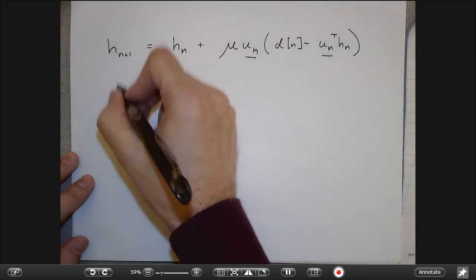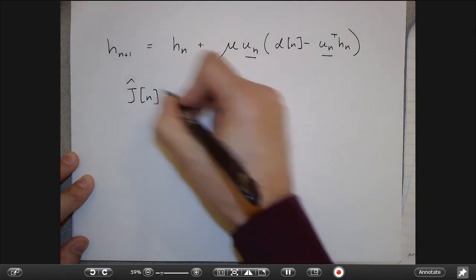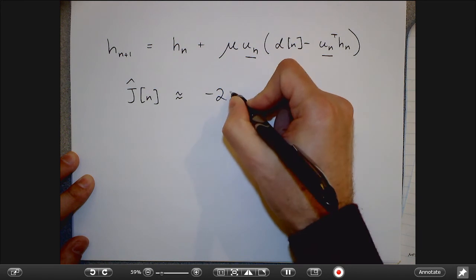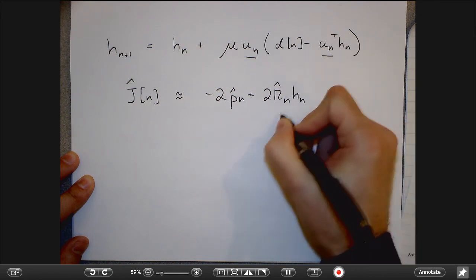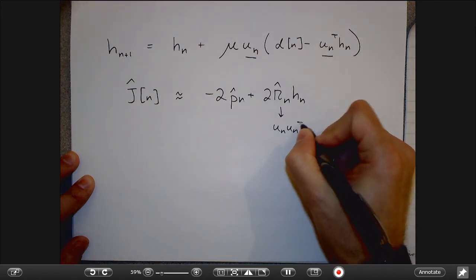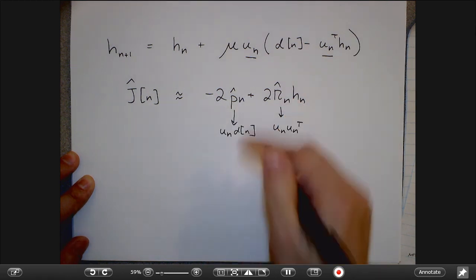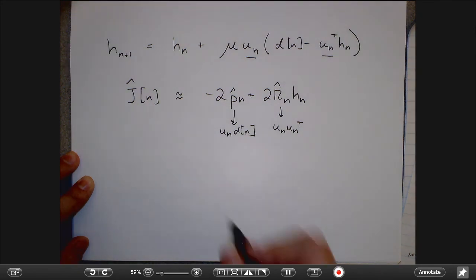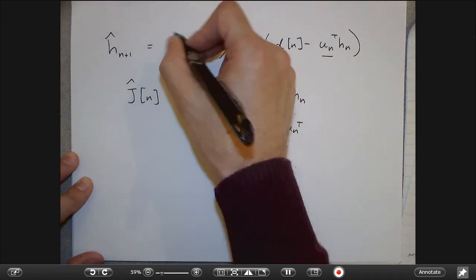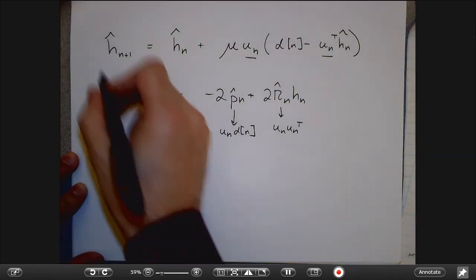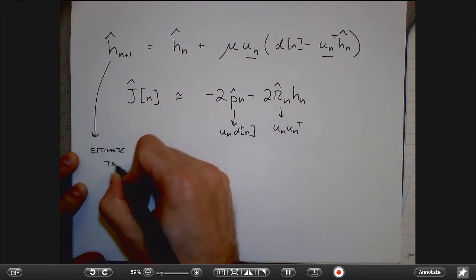So it's like saying that my estimate of J at time n is approximately this, this turns into u n hat, and this turns into u n times the desired thing. Here, really the way to put this on would be to make these little hats, right? These are my estimates of the next filter.